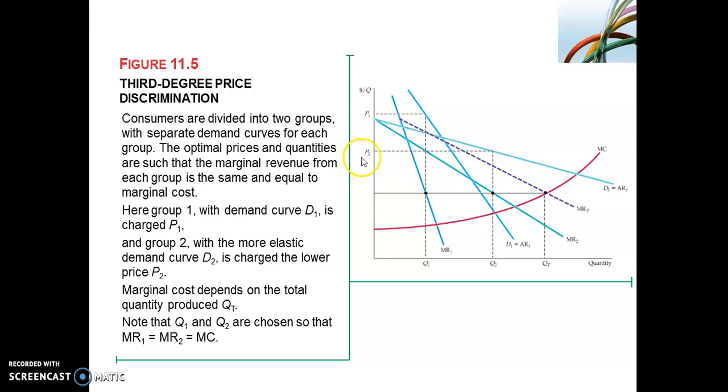So you can see on the more elastic demand curve D2, it is charged a lower price P2. So marginal cost depends on the total quantity that is being produced. And note that Q1 plus Q2 is chosen such that MR1 is equal to MR2 is equal to marginal cost.